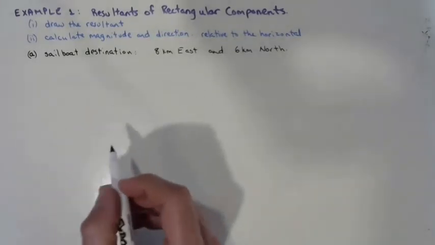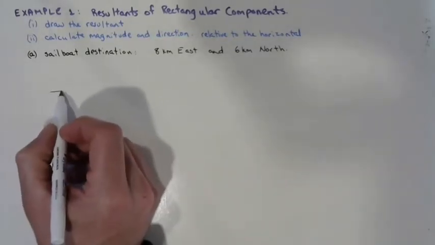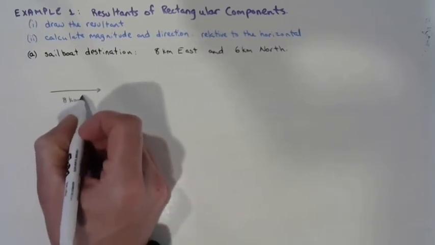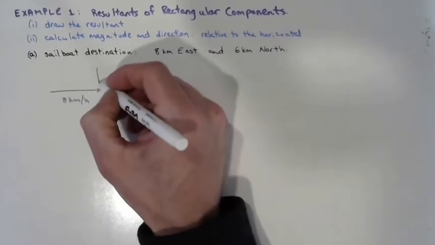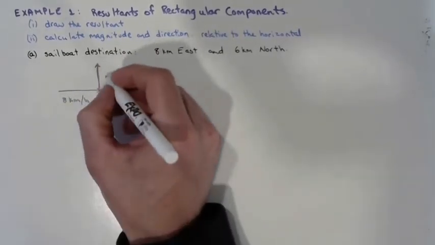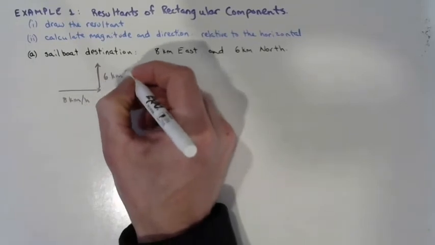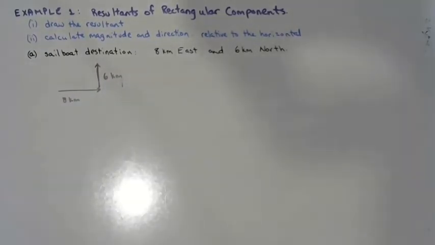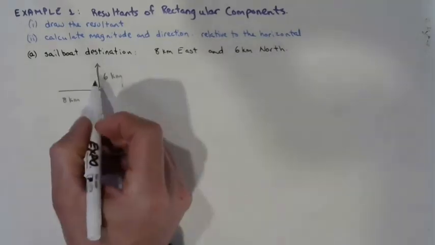So the situation here, we're going 8 kilometers east. And if I wanted to do a perfect diagram here, I would use my ruler and make sure that my 6 was 3/4 the length of my 8. So we're going 8 kilometers east, then 6 kilometers north.